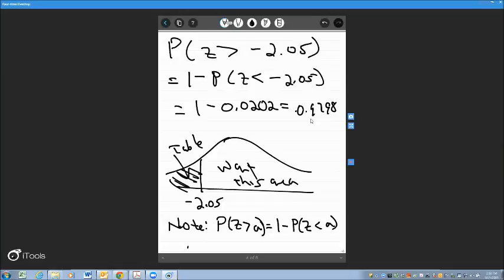But you may also notice on the diagram, because this is symmetric, the probability of being bigger than a is the same thing as the probability of being less than the opposite of a.